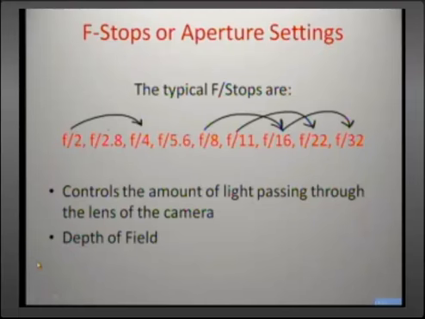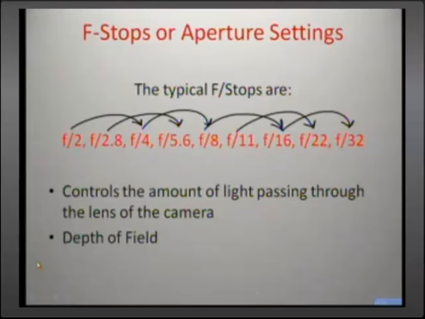And here f2.8 over to f5.6, and then f4 over to f8. So every other f number is a double of the previous f number. So take a close look at that.